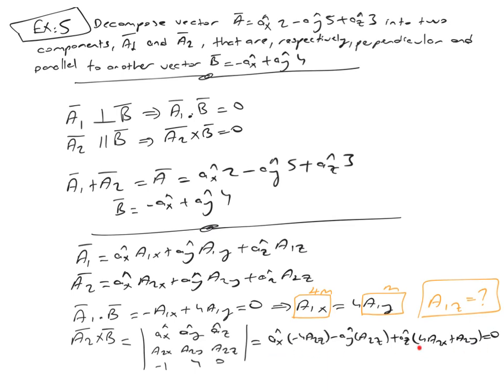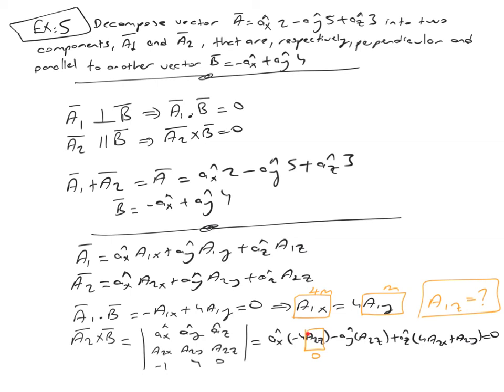Since this vector is equal to 0, all three components are equal to 0, so this term is equal to 0. Now we know that the z component of vector A2 is equal to 0, and at the same time we know that the summation of vector A1 and vector A2 is equal to vector A. Then the summation of the z components of vector A1 and vector A2 is equal to 3.